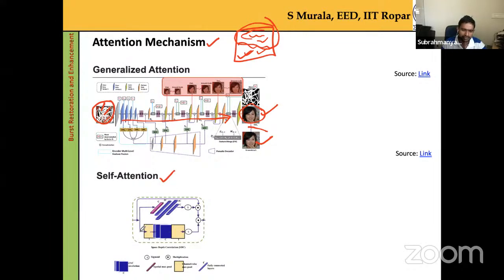The self-attention mechanism actually works like this: if you are giving a feature map, on these feature maps we generally go for either channel-wise squeezing or spatial squeezing. Like a 100 by 100 feature map becomes a single value by applying either average pooling or max pooling.